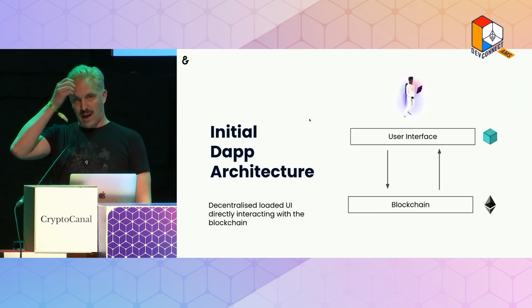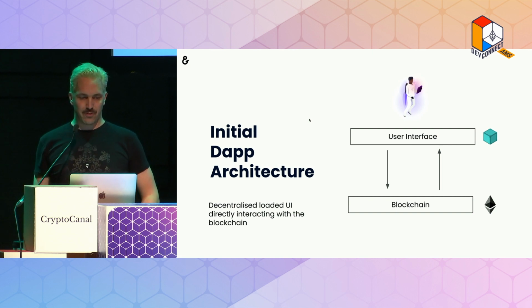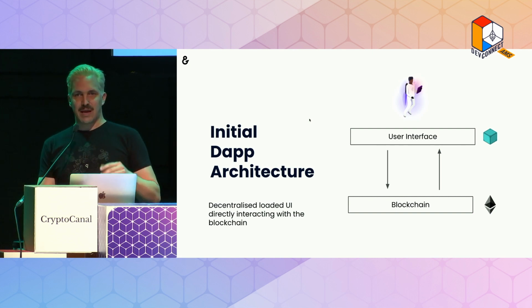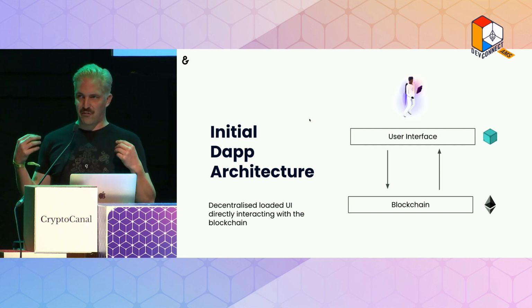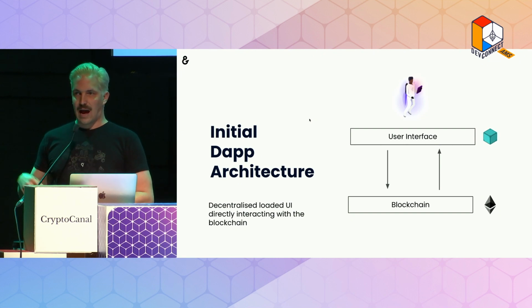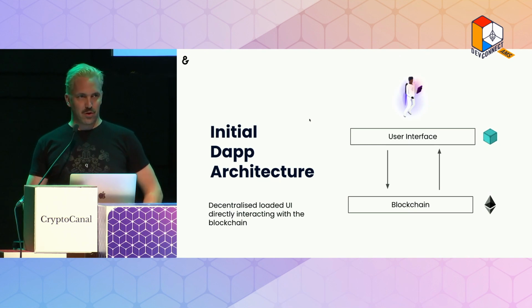So when we go back to the tweet from Eva from the beginning, when they came up with this idea of Dapp, or when they coined the name Dapp, they thought about something like this. We have a user interface on top that can be distributed through IPFS, or in the beginning more Swarm, and now other decentralized storage protocols come into play, because the front end in the end is just HTML, CSS, and JavaScript, right?